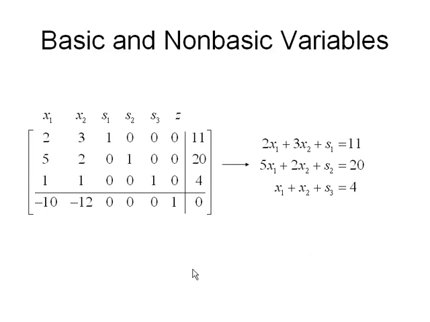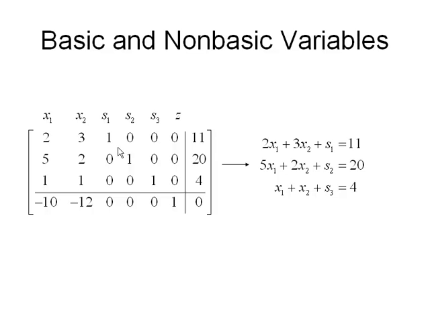Here we have the augmented matrix, the initial simplex tableau. What I'm going to do is solve this for s sub 1, s sub 2, and s sub 3. This is like working with 2 parameters, because remember I had 6 variables and 4 equations, so I'm going to end up with 2 parameters.